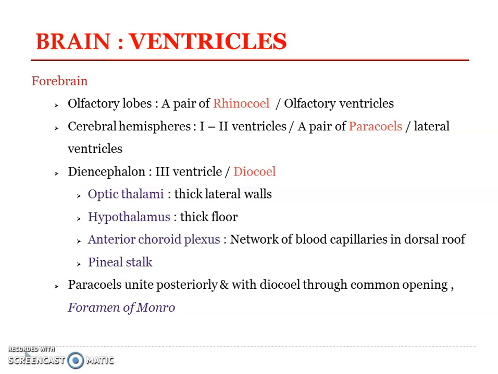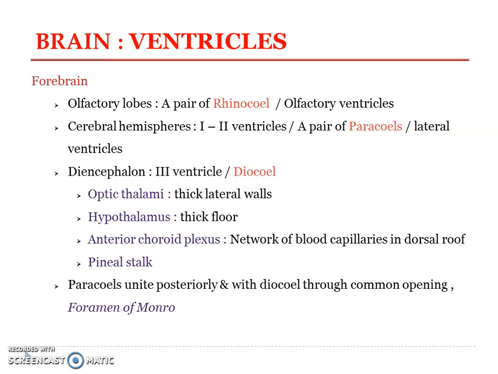The third ventricle, present in the diencephalon, is referred to as the diocele. The diencephalon has lateral walls, which we have already mentioned as optic thalami. The floor of the diencephalon is the hypothalamus, and the roof has a vascular tract known as the anterior choroid plexus, and on the ventral side there is the pineal stalk.